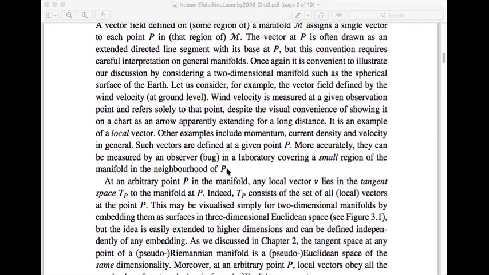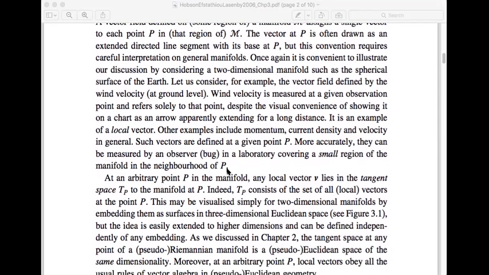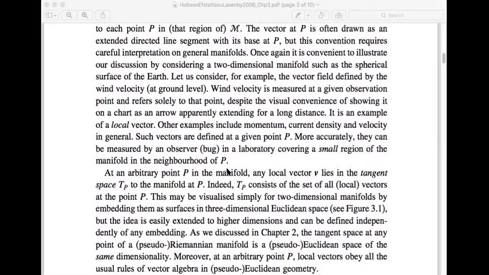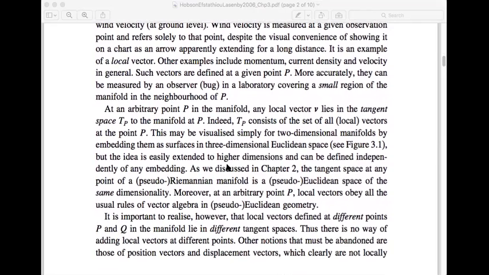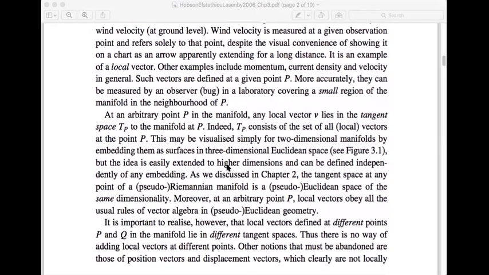He's going to talk about these vector spaces as the tangent space, and there's a good reason that they're called tangent space, because the space can be visualized as a plane that's tangent to the manifold.